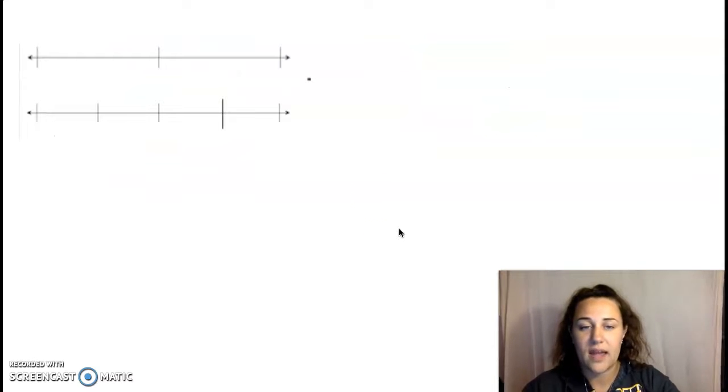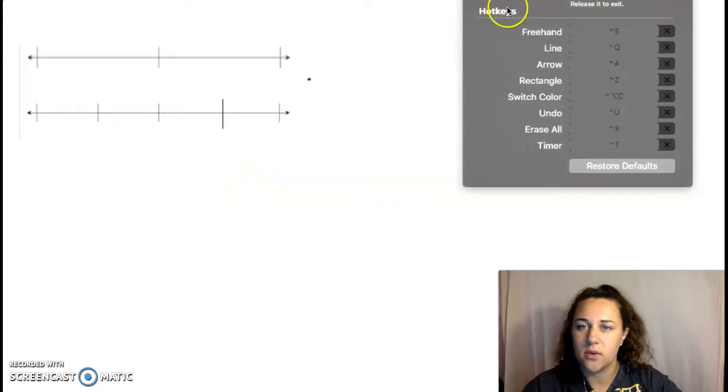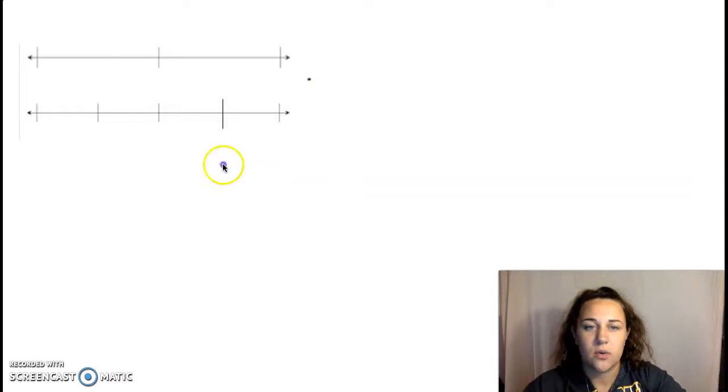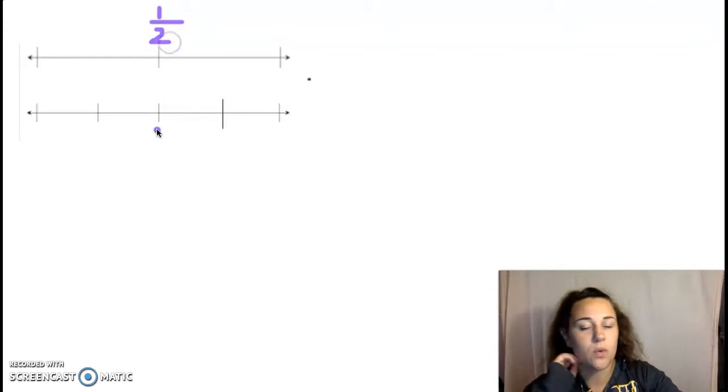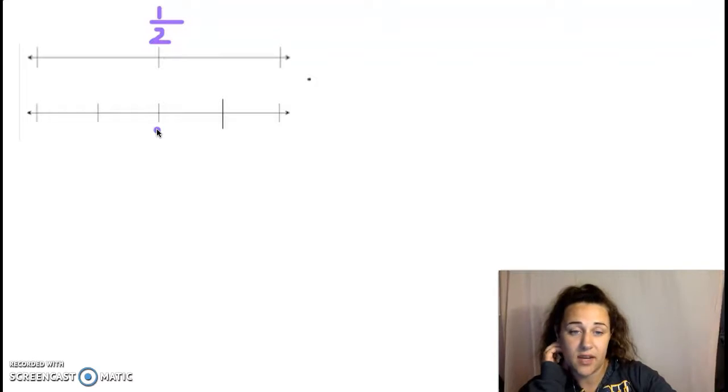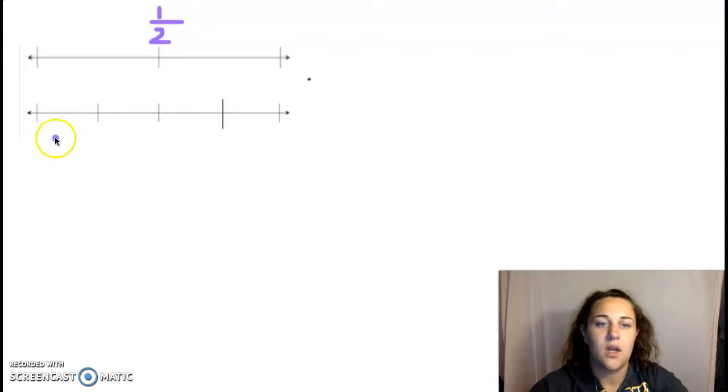So, I have these here, right? So let me go back to my other color because I like that one a little better for this. So if I have 2 equal parts and I have one line, that's 1 out of 2 equal parts. Easy peasy, right? Now let's go down here.